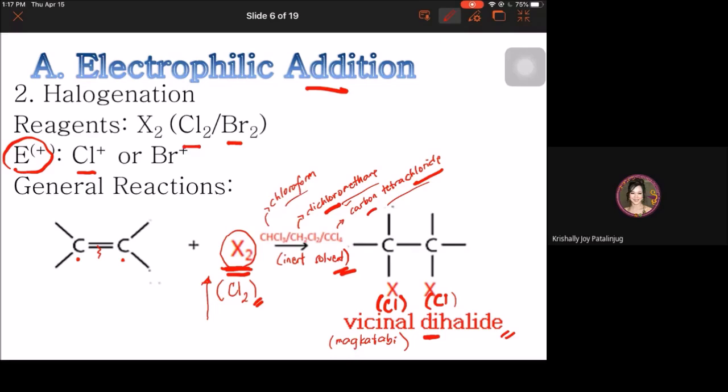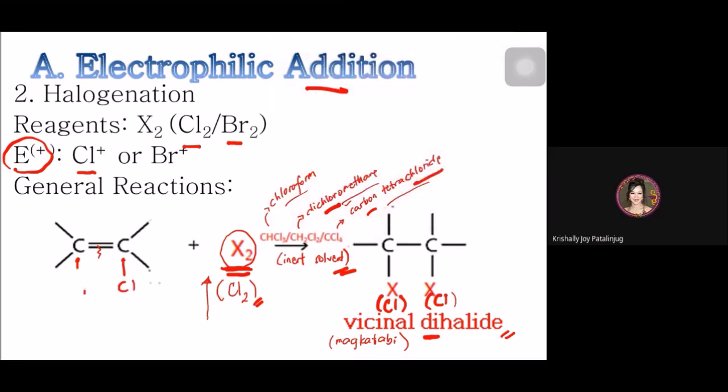That is why two are added, not just one. Not just one double bond carbon gets a chlorine. Each of the two double bond carbons, on that reactive site of the alkene, gets an added chlorine, the electrophile. So two, a vicinal dihalide, when this kind of inert solvent is used.